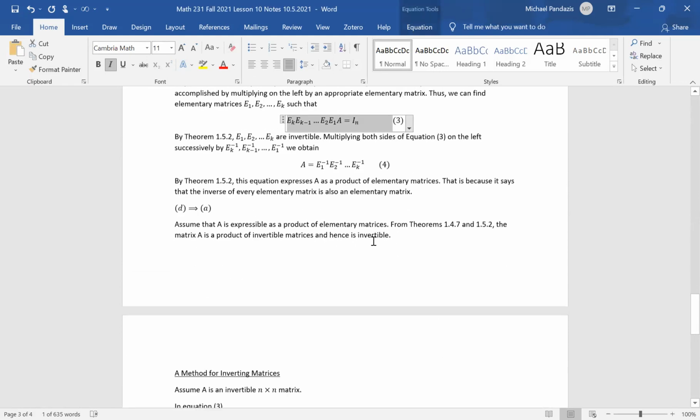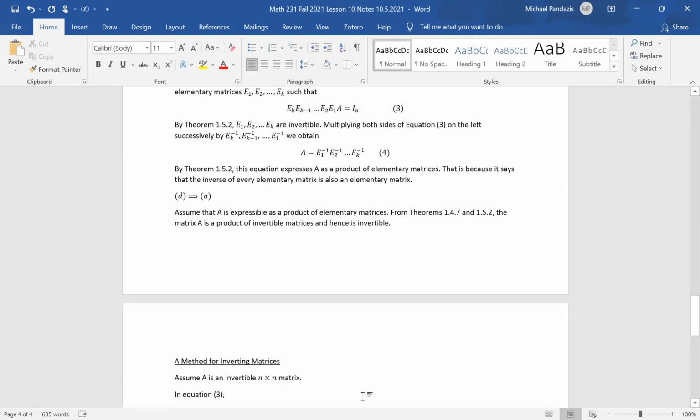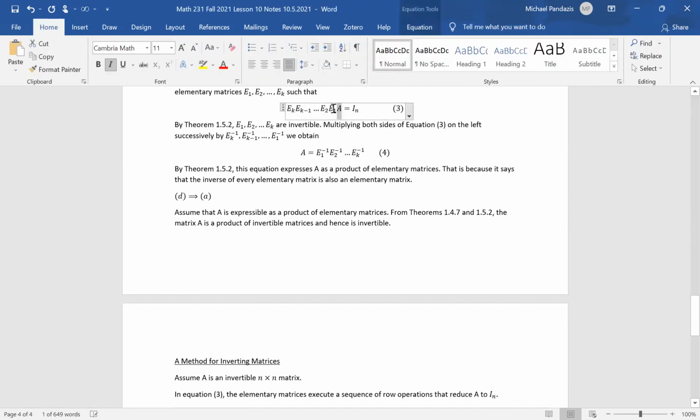In equation 3, the elementary matrices execute a sequence of row operations that reduce capital A to the identity matrix I sub n, right? You start with A, and then you keep performing elementary operations, or left multiplying by an elementary matrix, until you get to the identity. Okay, so that's true.